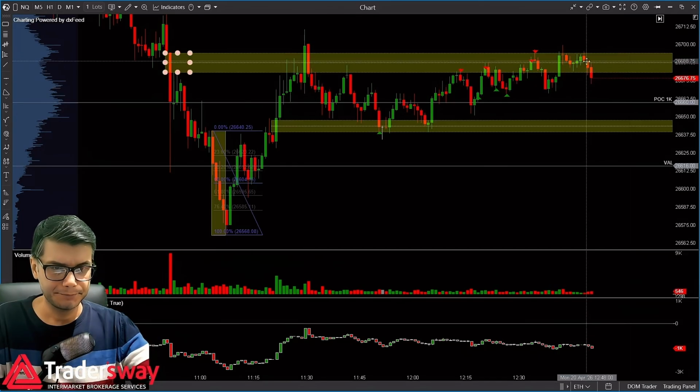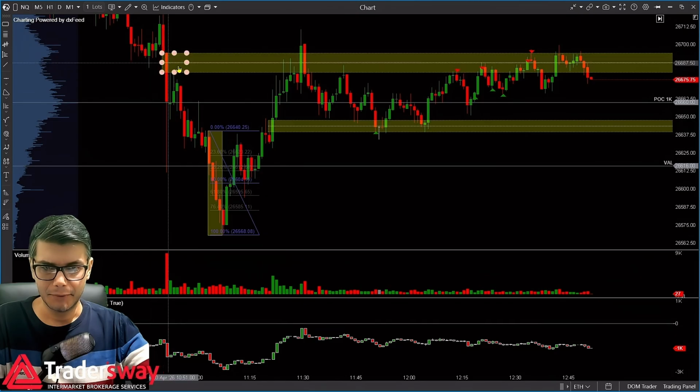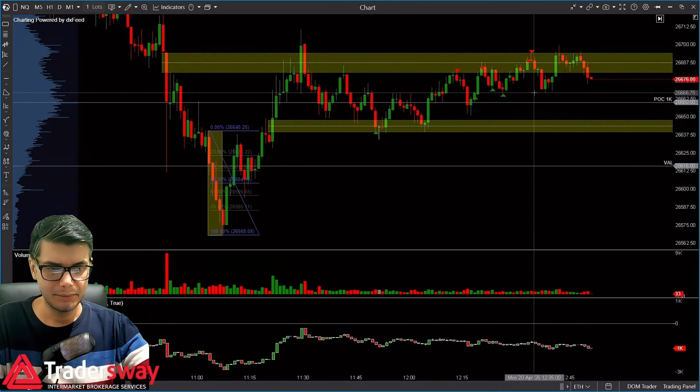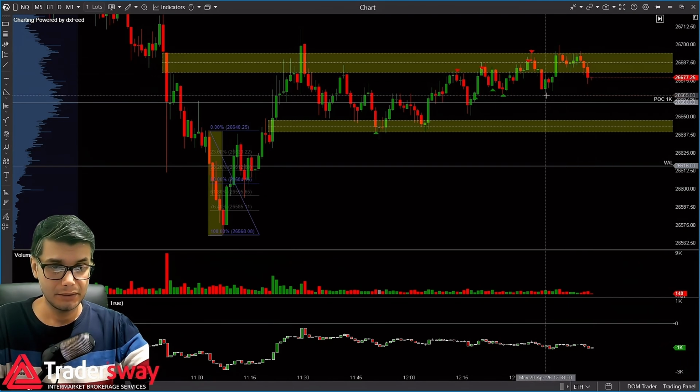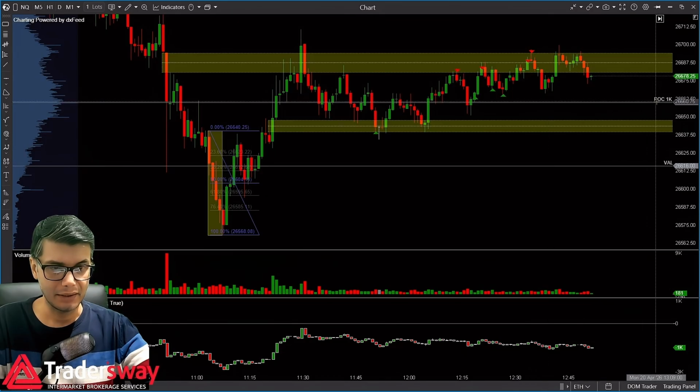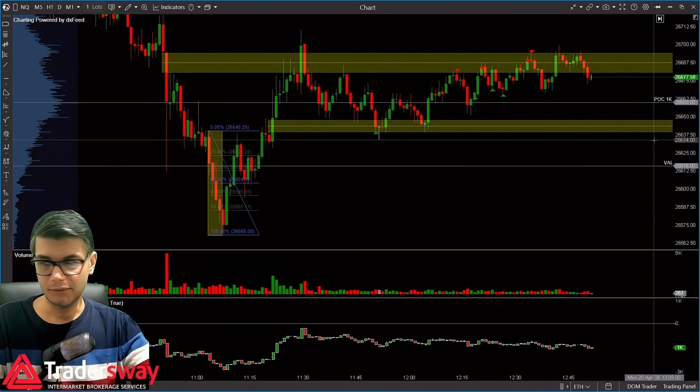Currently, we are below the gap from here. We took a liquidity. We have another liquidity down below. If I enter the mean threshold of this gap, I can join one tiny bearish leg to sweep these liquidities and perhaps tap again into 26,660.